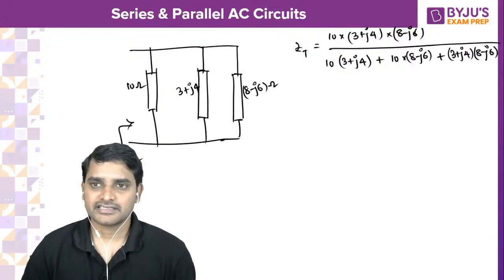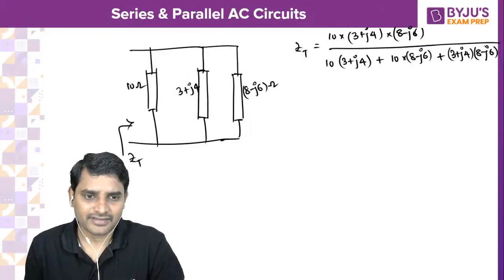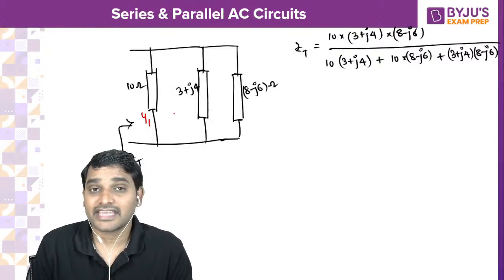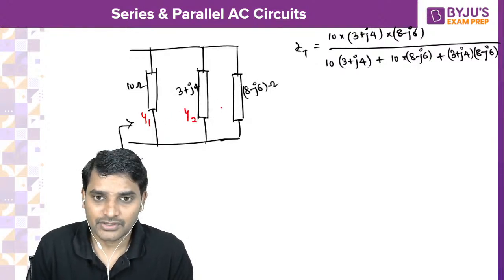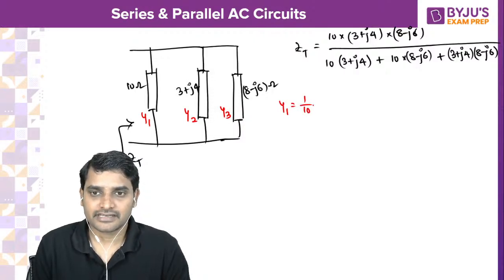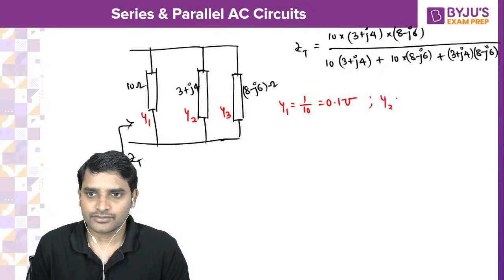Otherwise, one option is better: go for admittance. Calculate admittances y1, y2, y3. Y1 is 1 by 10, so it will be 0.1 mho. Y2 is 1 by 3 plus j4.